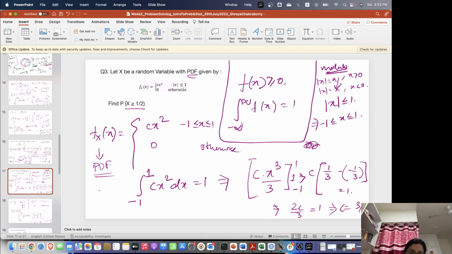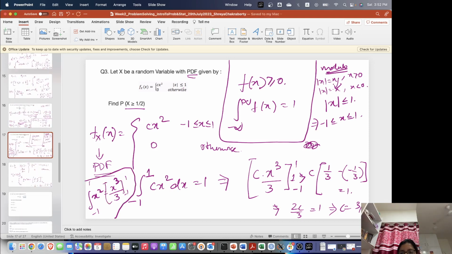Integration we are doing here. So x square integration will become x to the power 3 by 3. And since this is a proper integral, we are just putting limits, -1 to 1. So that will be 1 and -1. Just plain and simple integration. Okay. Thank you, ma'am.